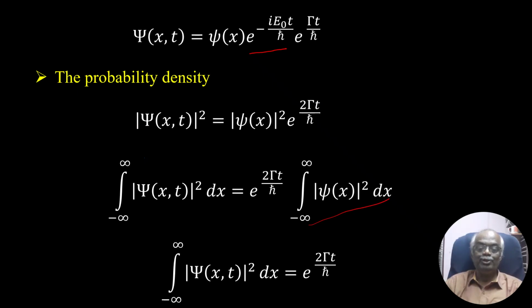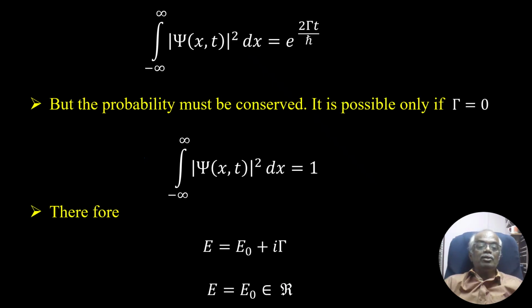So this is a well-known result. It is equal to 1. So naturally, the right hand side becomes e power 2 gamma t over h cross. So we got the integral of modulus psi squared dx is equal to e power 2 gamma t over h cross.